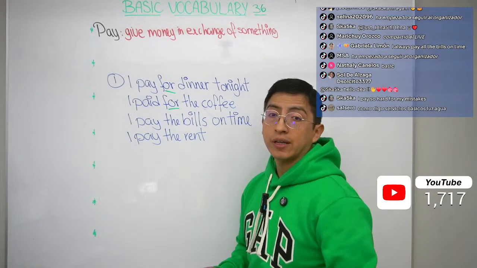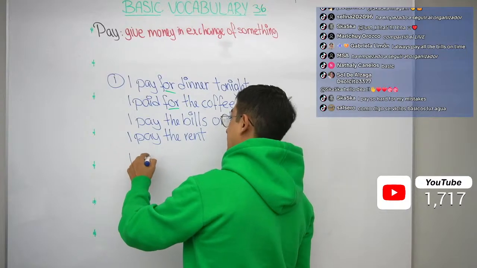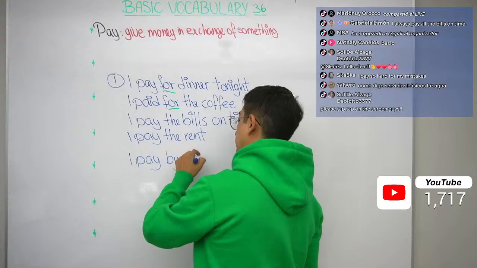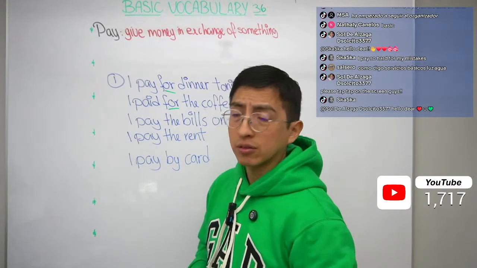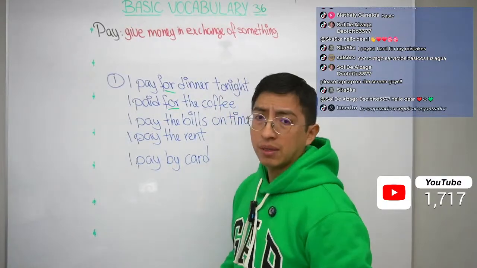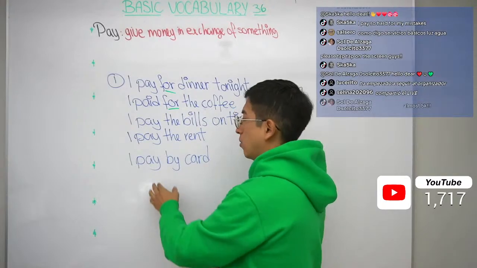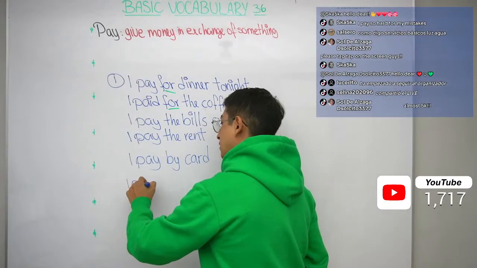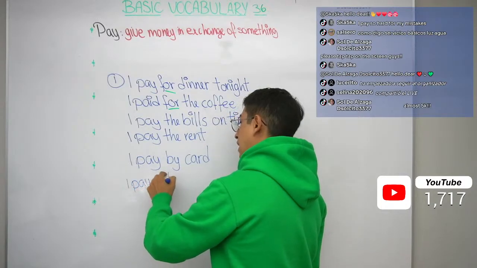What else can we say here? Maybe we can say, I pay by card. We can use this when you go to a restaurant. Maybe the waiter is going to ask you, are you going to pay by card? Or maybe I pay with cash.